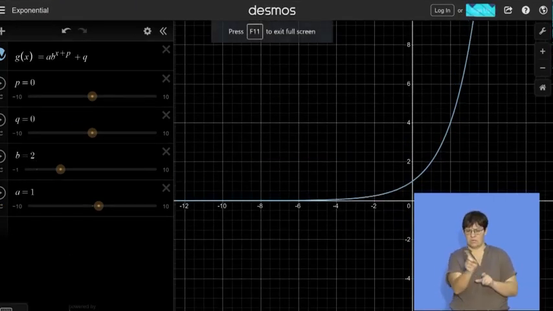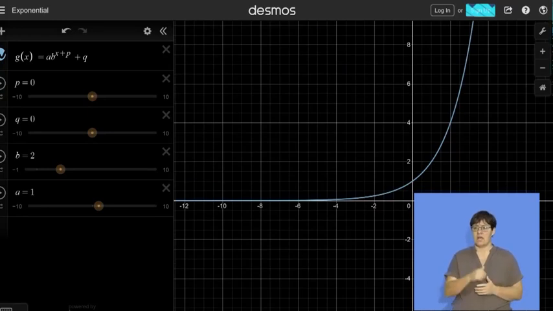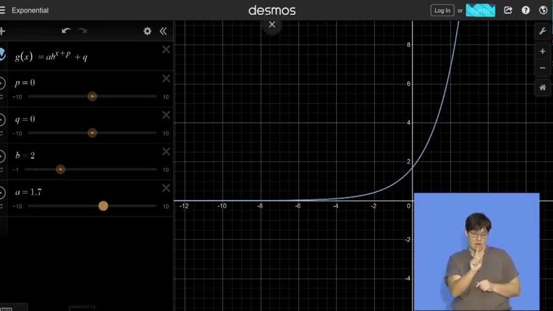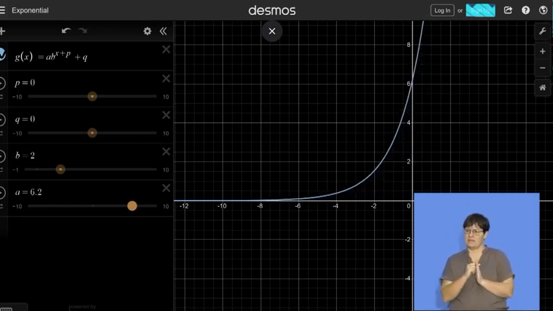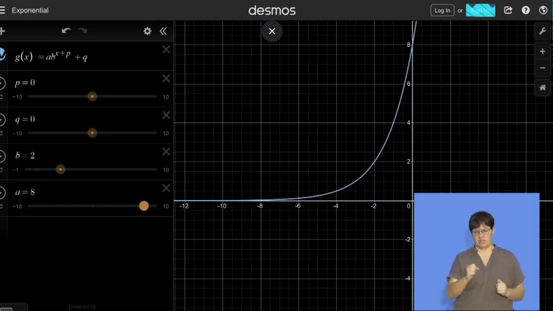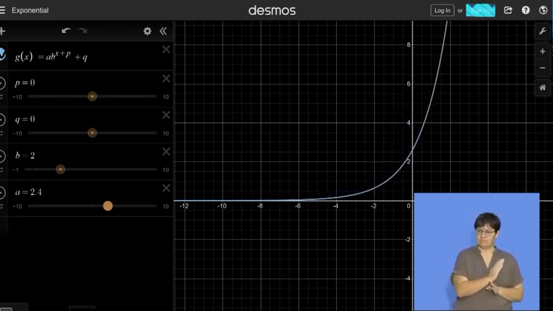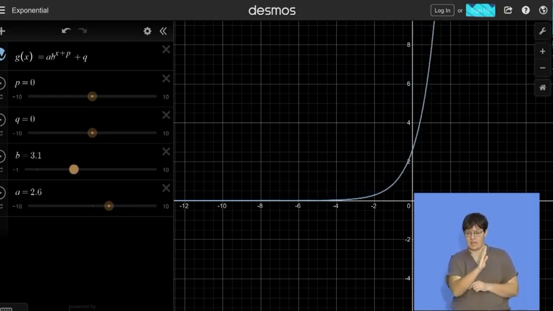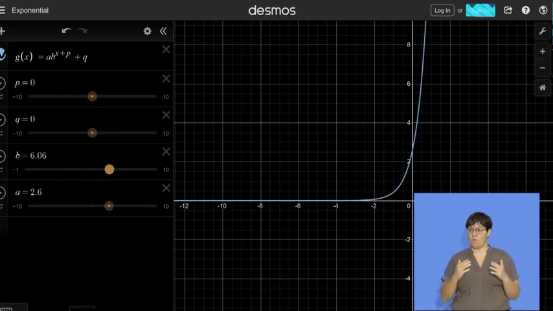Right, so if I move around with my values here, I started with a as 1. If I make a bigger, you can see this becomes a bit steeper, or it becomes a bit stretched, right? It gets stretched a bit more. And with the b value as well, as it becomes bigger and bigger, that's when it is becoming more increasing.